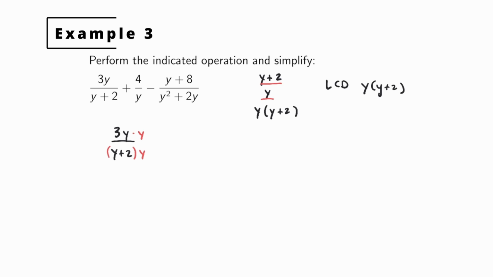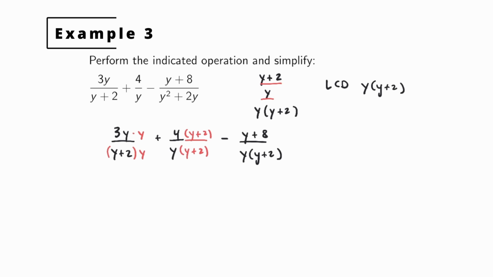For the next term, we have 4 over y. The missing factor from the LCD is y plus 2. So we multiply the denominator and the numerator by y plus 2. And then for the final term, there are no missing factors, right? The denominator is already the LCD.